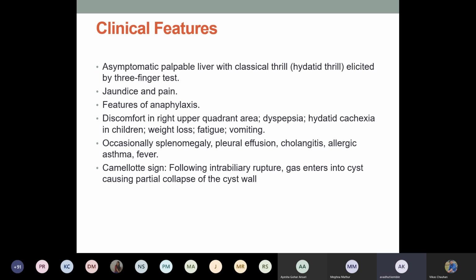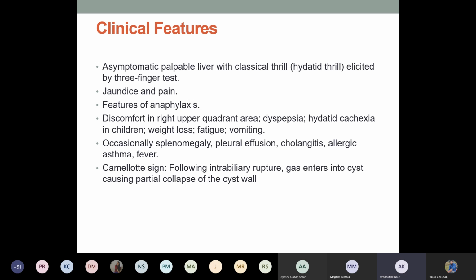Clinically, it remains asymptomatic. Palpable liver with classical thrill elicited by three-finger test. Jaundice and pain may be present. Features of anaphylaxis if rupture is seen. Discomfort in right upper part of the abdomen.